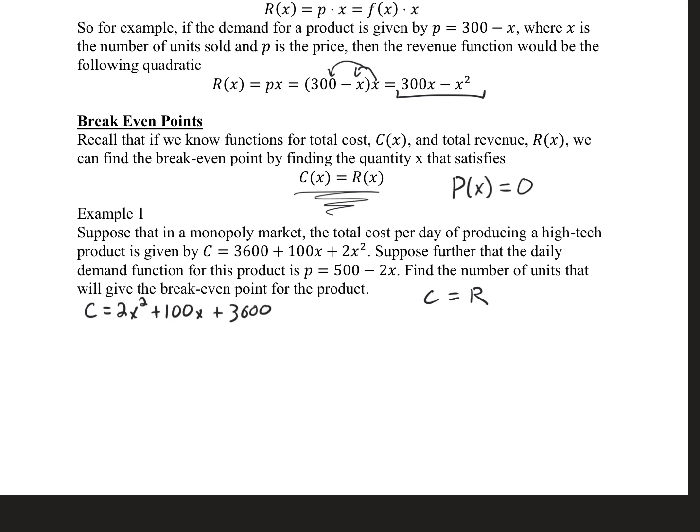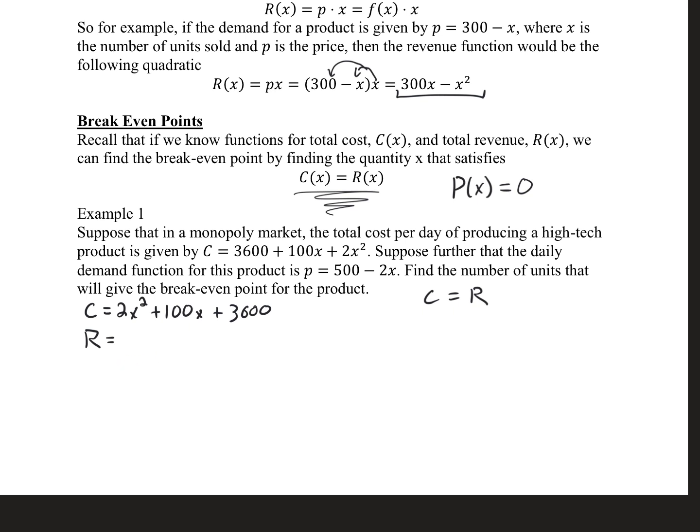Now, once I've listed my cost function, which was given, I need to come up with a revenue function. Here we're not given a revenue function, we are instead given a demand function, and it's in terms of P being the price. Up there at the top of the screen, you'll see how we were thinking about that. So revenue is always going to be equal to a price times x, and then that's how we're going to generate our revenue function.